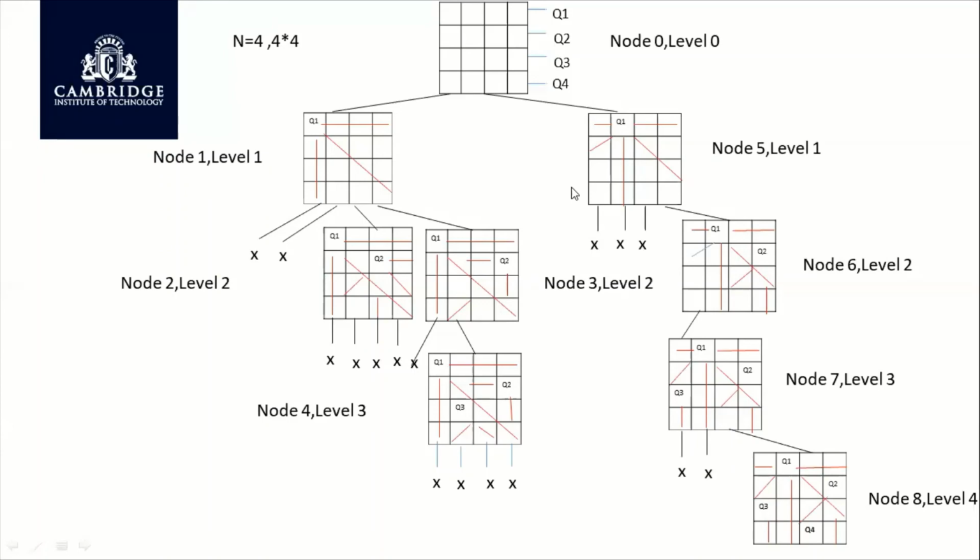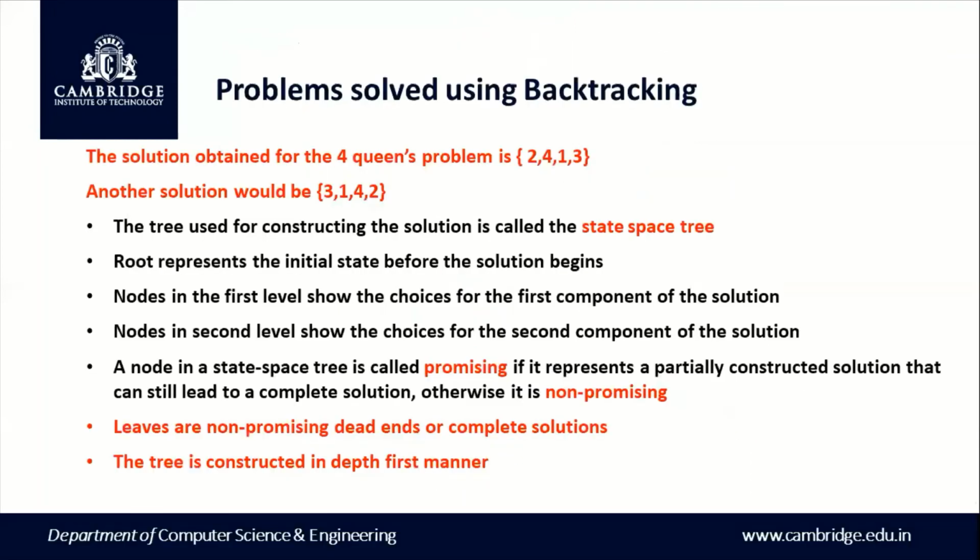Okay. So just to give you a small idea of the terminologies, what is the solution that we generated? 2, 4, 1, 3. What does this 2, 4, 1, 3 indicate? The column positions for placing the queens. The numbers indicate the queen placed in the row and column.